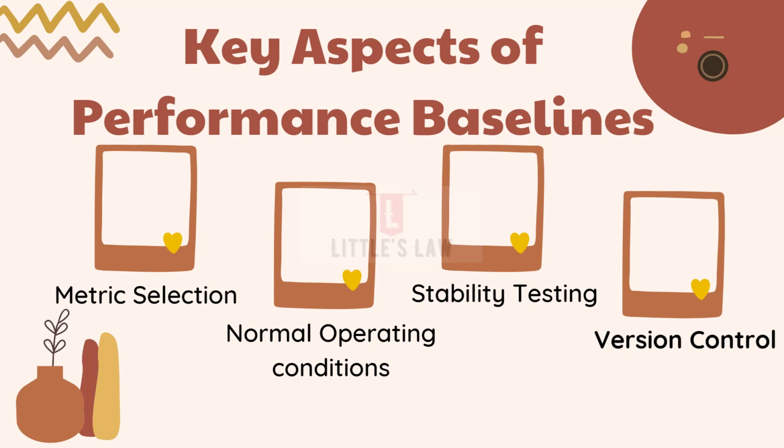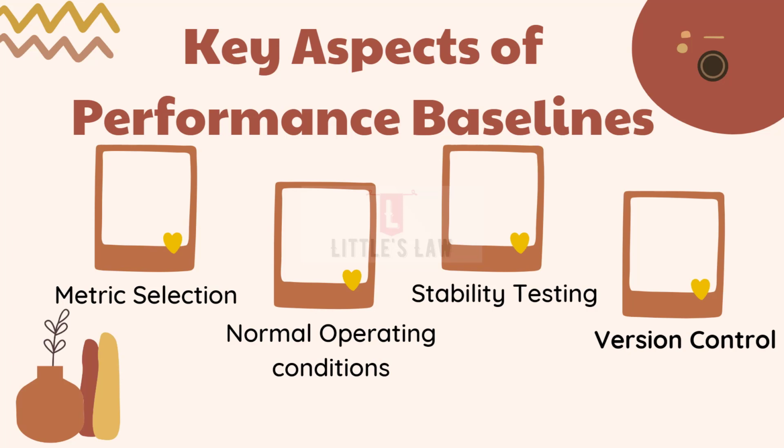So that's why I'm telling you these are the very key aspects of performance baselining. The first thing is metric selection, where we have to be very careful in selecting the metrics which have to be relevant to the application. The second thing is the normal operating conditions, where we have to establish the baseline under normal operating conditions. Then the stability testing, where we have to ensure that the system is stable and has reached a steady state before capturing the baseline metrics.